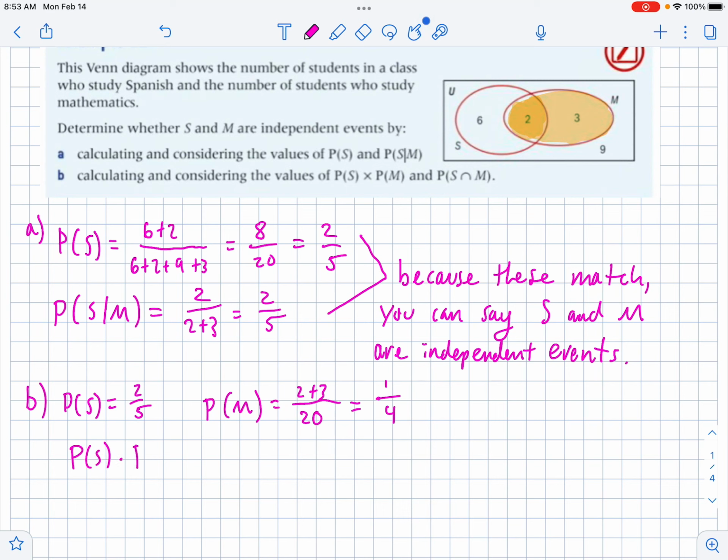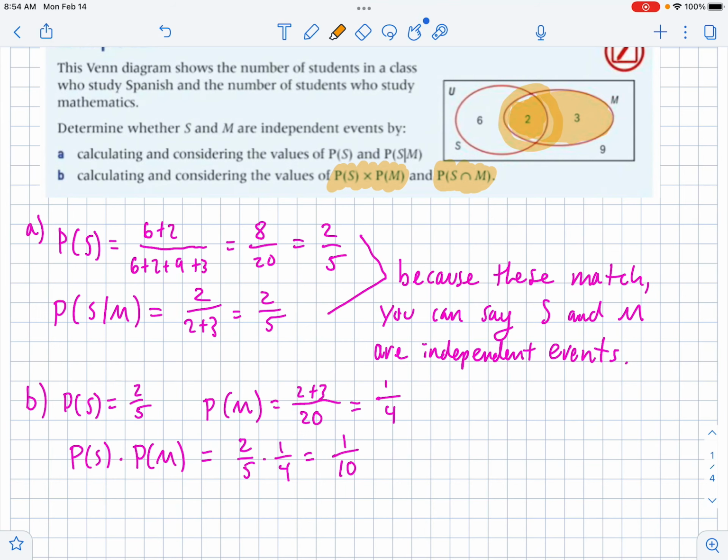Now if we're going to find probability of S times the probability of M, like they asked us to, that's going to be 2/5 times 1/4, which is 2/20, which is 1/10. So that's probability of S times the probability of M. Then we're going to find the probability of their intersection.